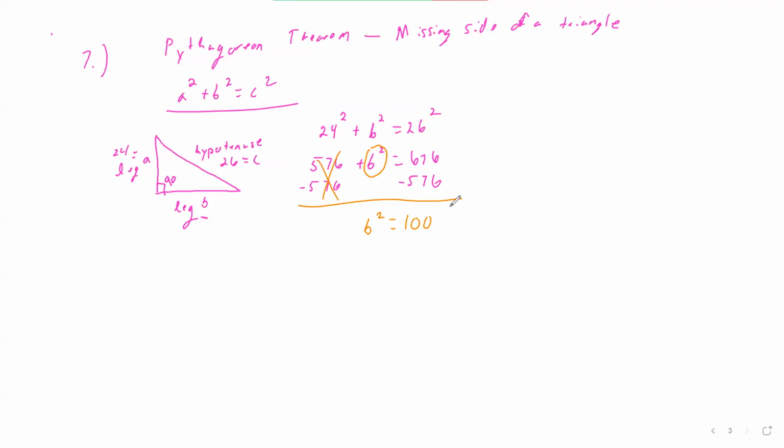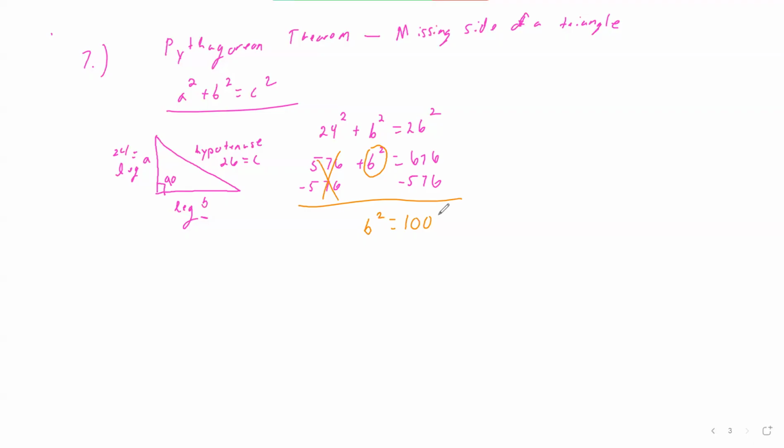676 minus 576? Did you do 5 minus 6? Other way, because you're subtracting the 576 over. So it'd be 676. Yeah, correct. Right.